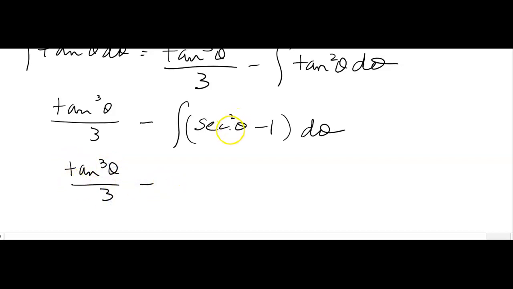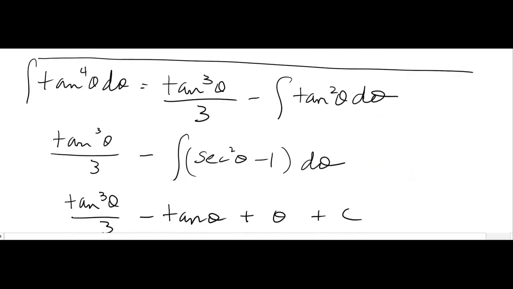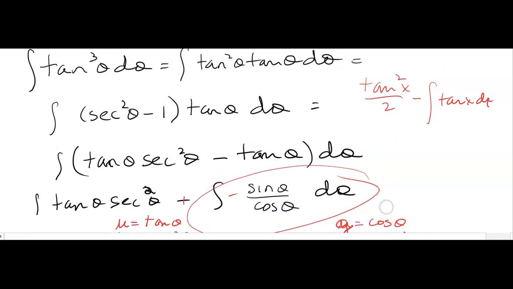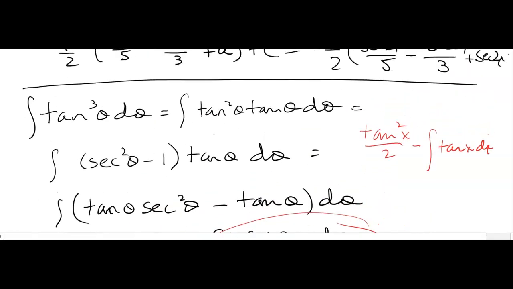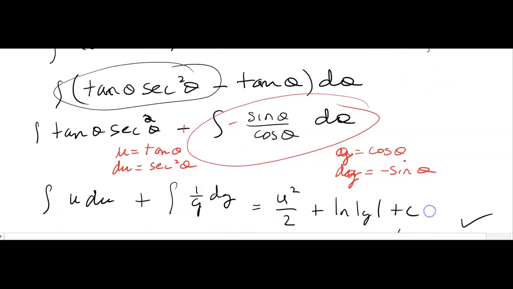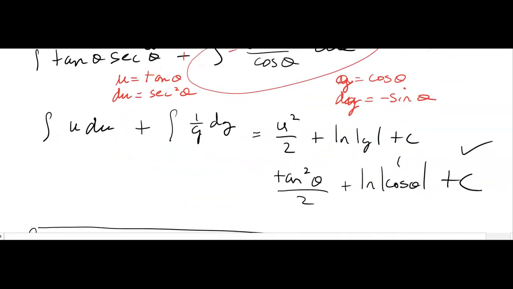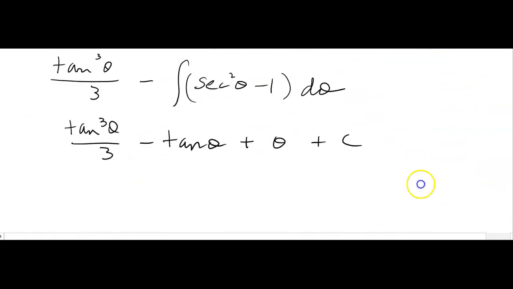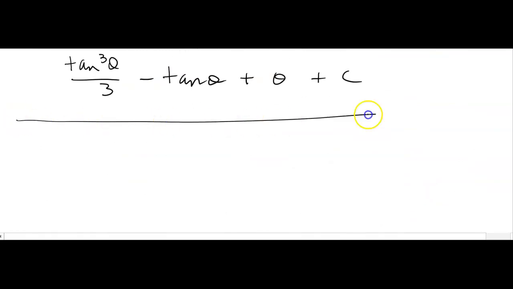The integral of secant squared is just tan theta plus theta plus c. So there's a case where the reduction formula does save you a few steps. The part that it saves you is dealing with this initial tan theta secant squared piece, which is always going to come out to the same thing. So there's a way you can use your reduction formula.